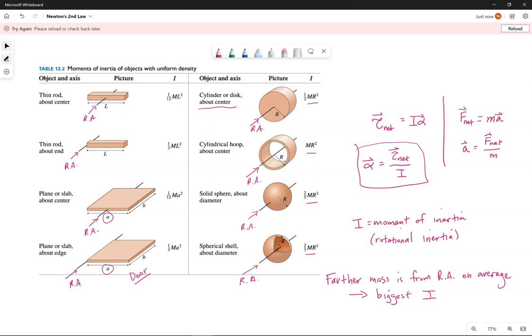You need a bigger torque in order to accelerate something with a large I compared to something with a smaller I. So I, this moment of inertia, is a resistance to a change in rotation. A bigger I resists change in motion, and specifically rotation.